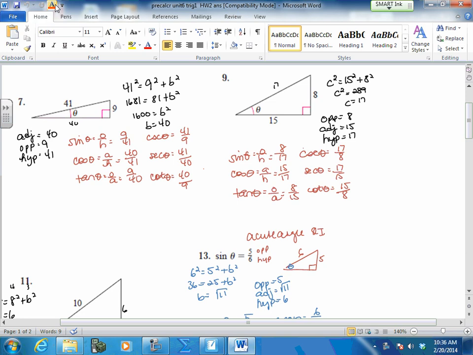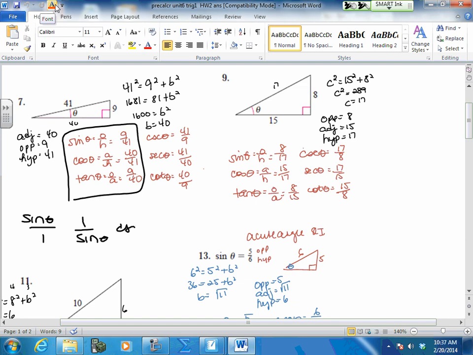Now, when we go through this, use your SOHCAHTOA. This is the easiest part right here. Then take the reciprocals. A reciprocal says flip it over. If you take sine and you flip this over, this is your cosecant. We learned what the reciprocals are.